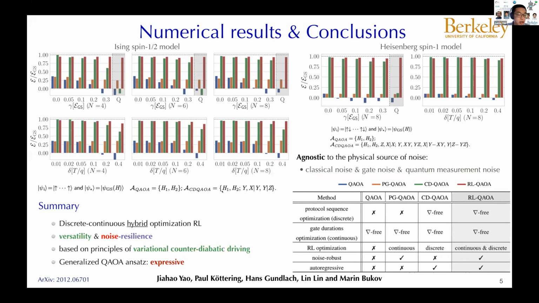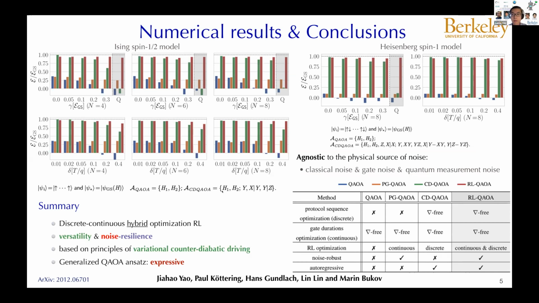So yeah, here is a summary of our work. We derive a discrete and continuous hybrid optimization RL algorithm. The framework is quite versatile and also noise resilient to different kinds of noise.